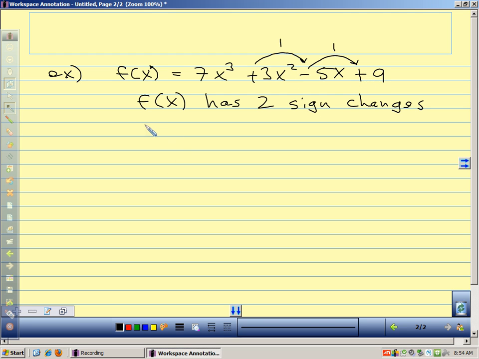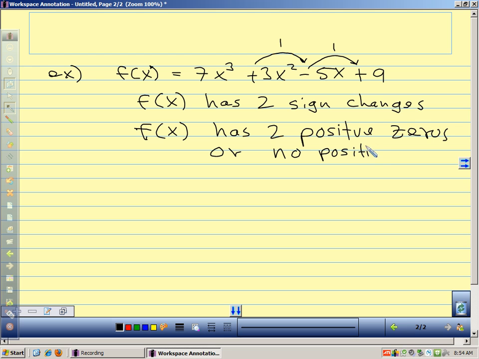So by Descartes' rule of signs, f of x has two positive real zeros, or it's less than this number by a multiple of 2, or no positive real zeros. So those are our two possibilities.